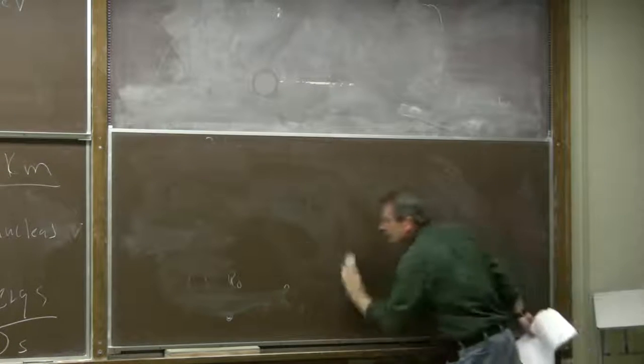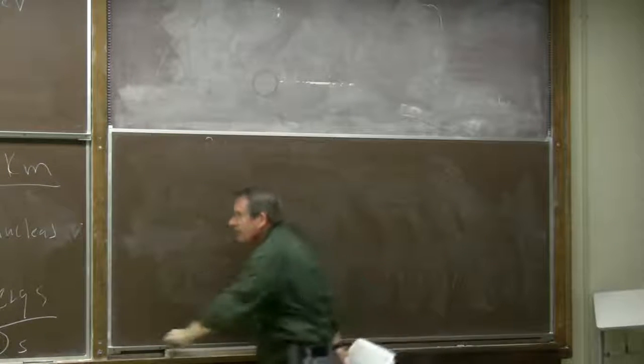Actually, most of that energy comes out in the form of neutrinos. Most of it just escapes as neutrinos. However, this stuff is so dense, normally neutrinos can go through a light year of lead without interacting, because they're that weakly interacting.